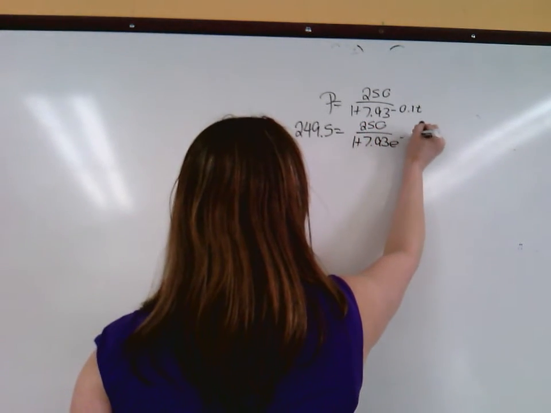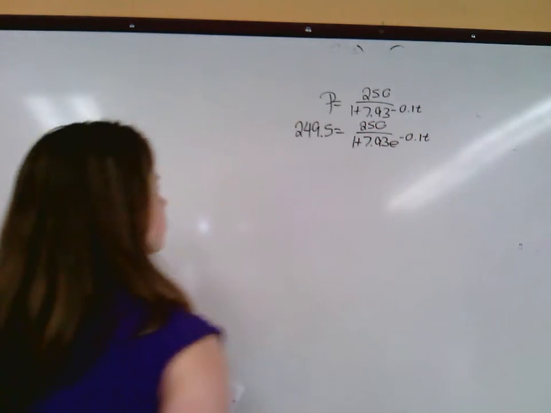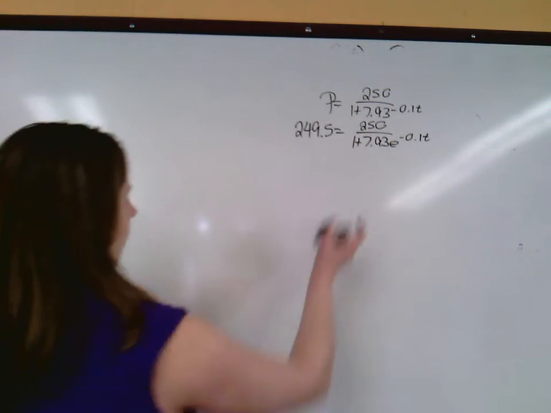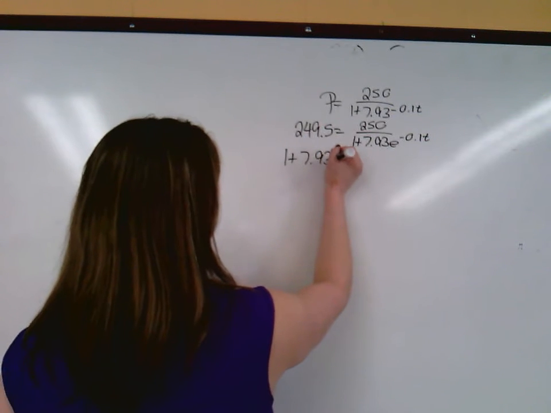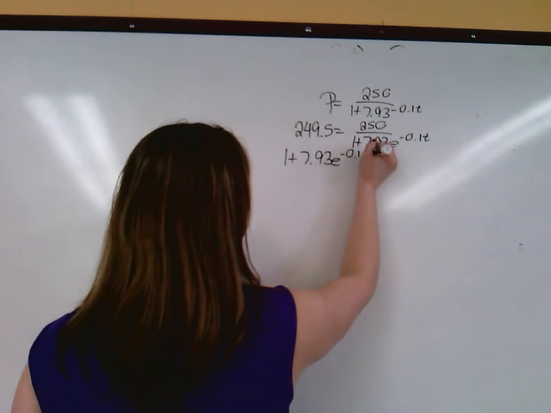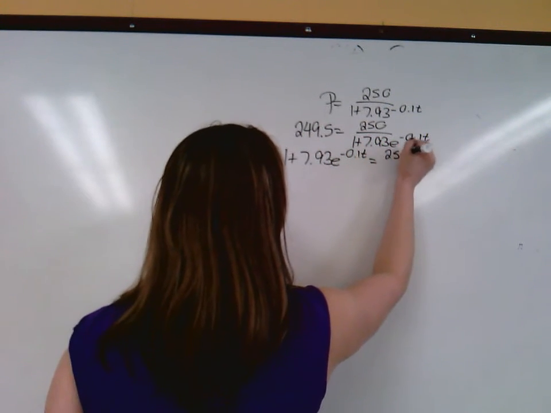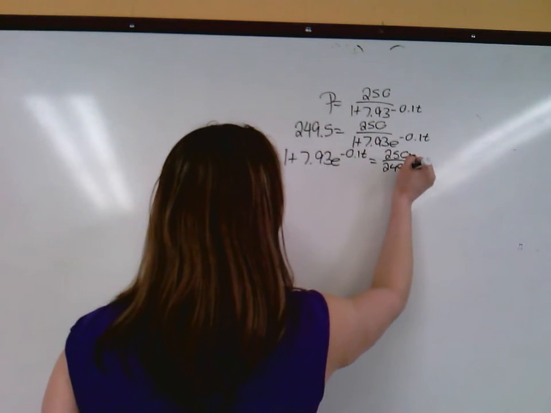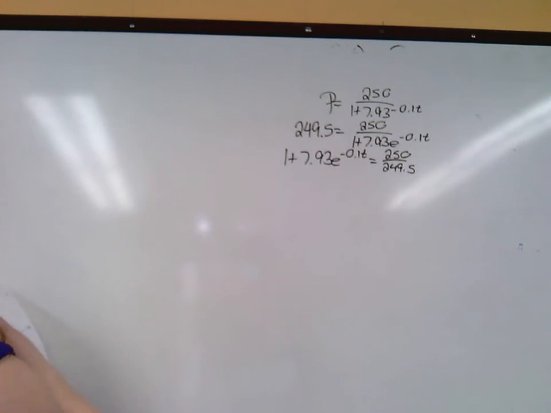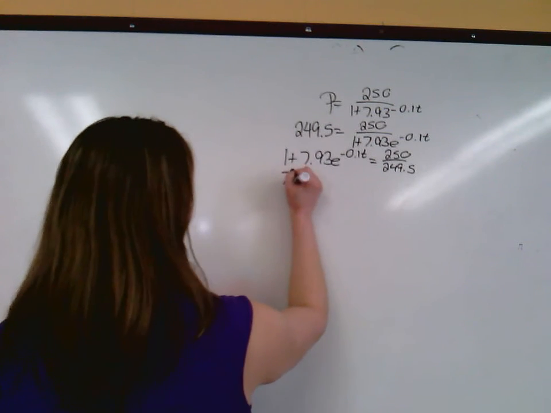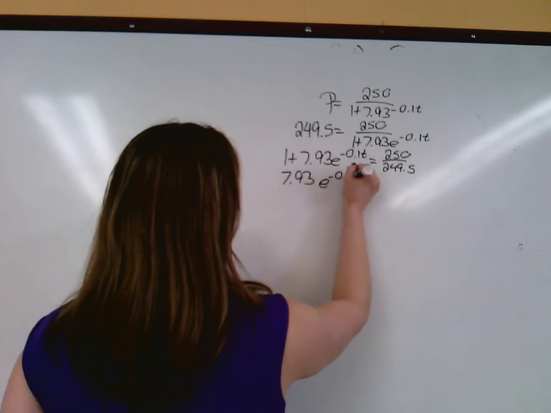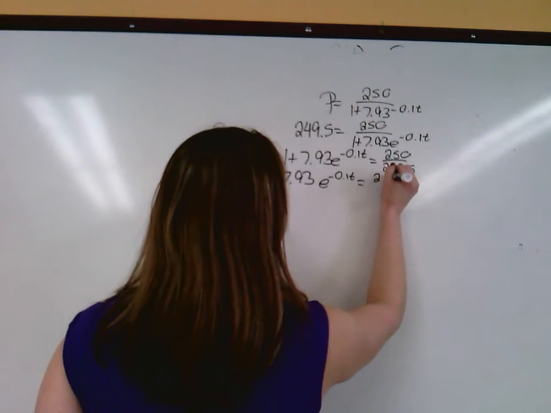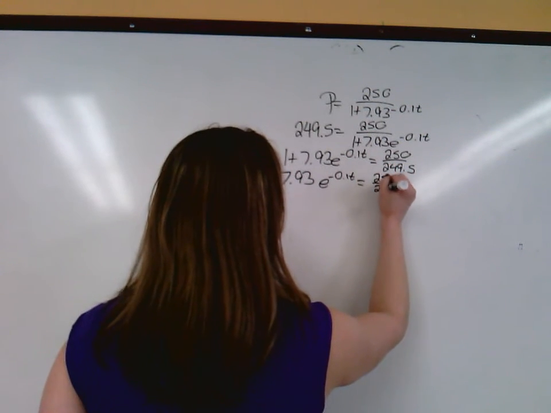And you're looking for how long. 1 plus 7.93 e to the negative 0.1 t equals 250 over 249.5. So 7.93 e to the negative 0.1 t equals 250 over 249.5 minus 1.